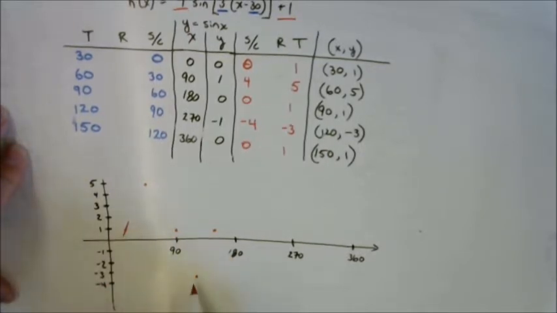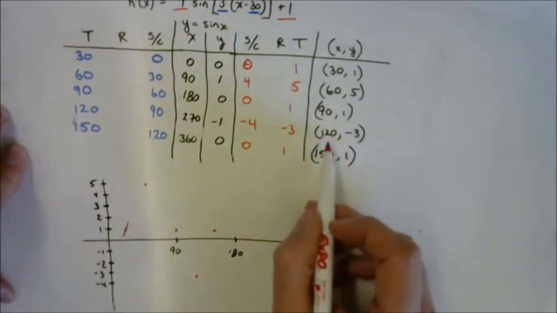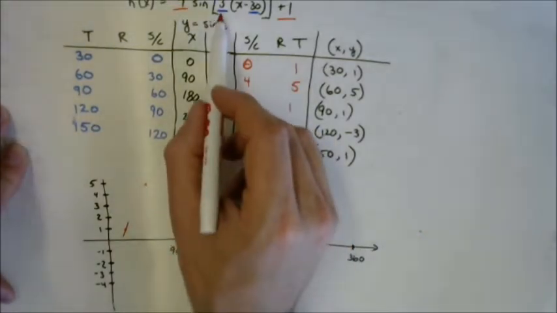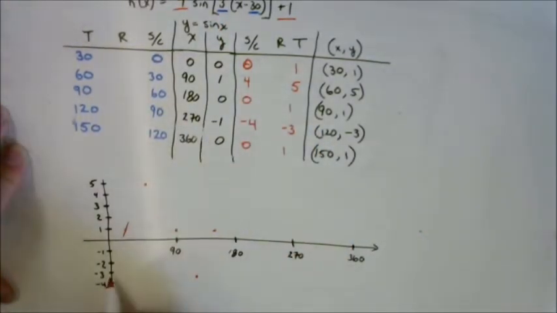You can say, okay, where is it going to be at -3 again? Well, it's at -3 at 120, and a full cycle is 120, right? Because it's doing 3 cycles within 360. So we know it's actually going to cross here.